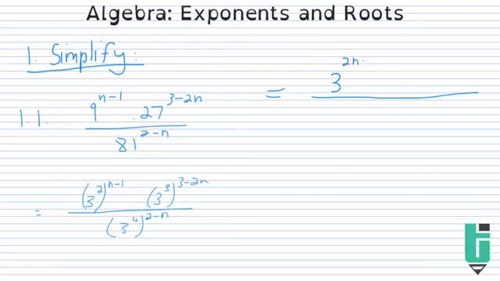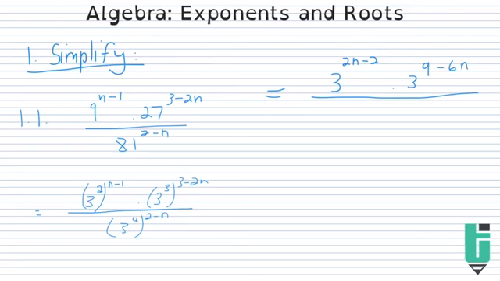2n minus 2. Then we multiply that by the next piece, which is 3 to the power 3 in the brackets, and then outside of the brackets, we have raised to the power 3 minus 2n. So you'll say 3 times 3 minus 2n. This will give us 3 to the power, 3 times 3 is 9, and 3 times negative 2 is negative 6, so it will be minus 6n.